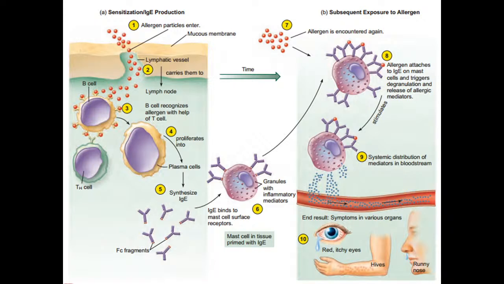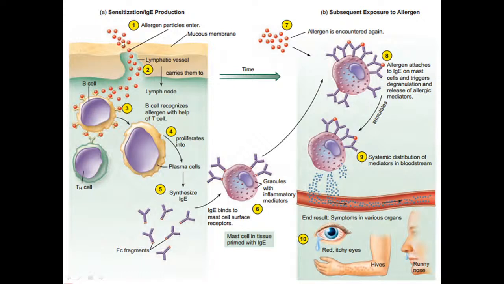Let's look at this scheme. It is the scheme of anaphylactic type of hypersensitivity, type 1. In the left part of this scheme you can see the sensitization stage, or immunological stage. In the right part, you can see what happens in subsequent exposure to the allergen.